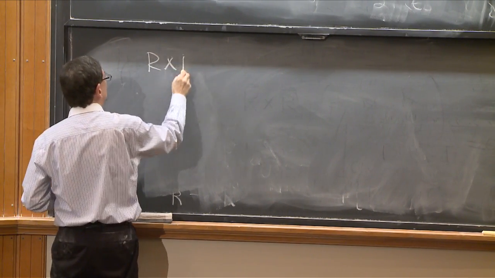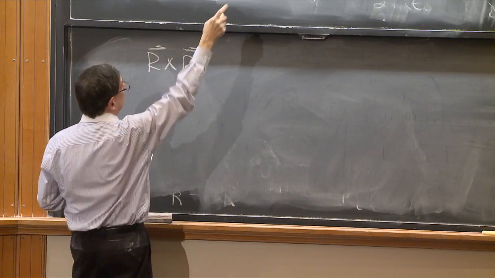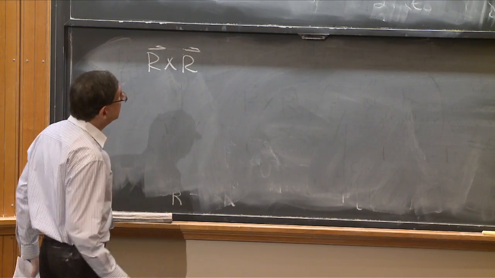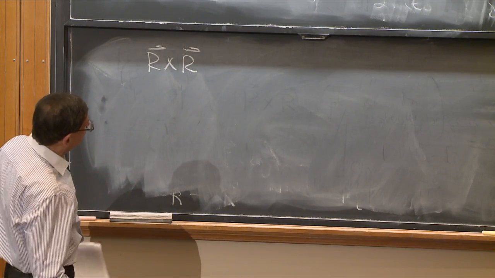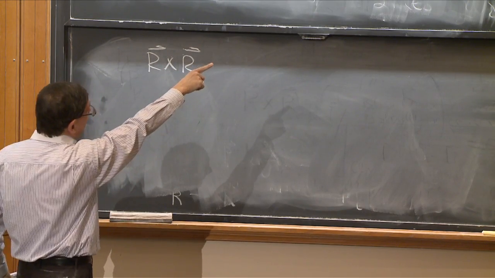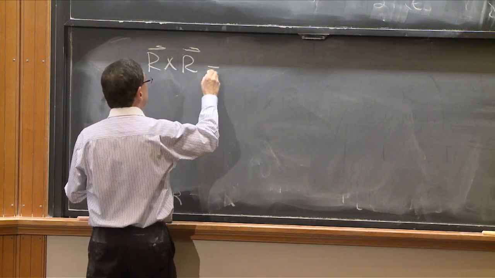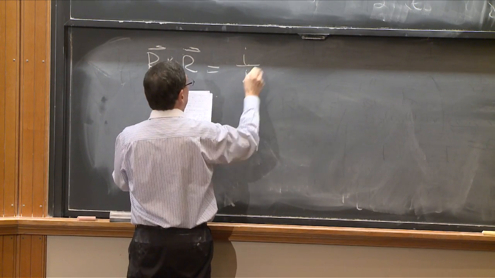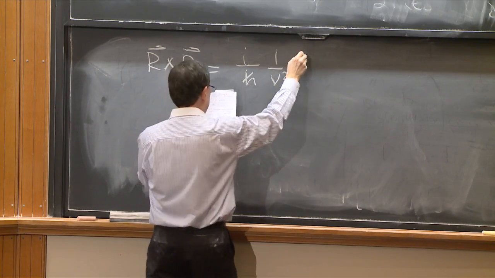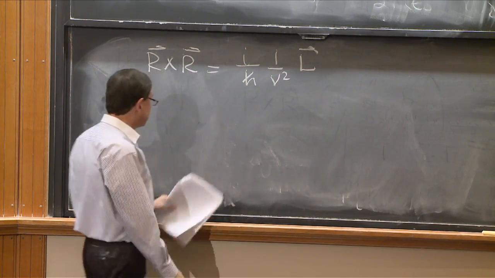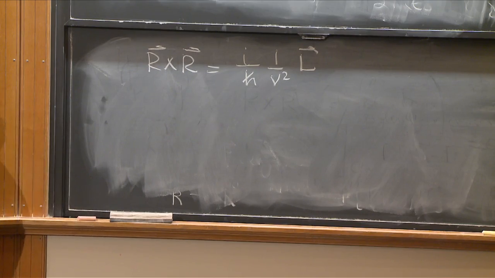R cross R from that formula is, well, this thing is over there, minus 2h over me to the fourth. You substitute it in here. So it's i over h bar, 1 over nu squared, L. Doesn't look that bad.